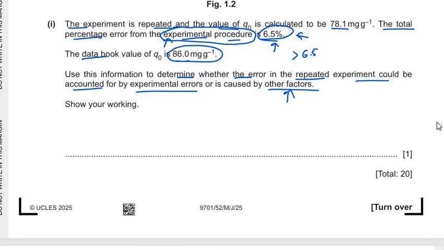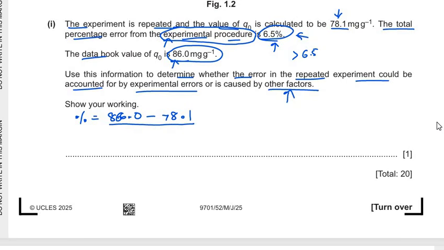So let's find out the percentage error in our experiment. The actual value should be 86.0, but our calculated value is 78.1. So for the difference we subtract 86.0 minus 78.1.